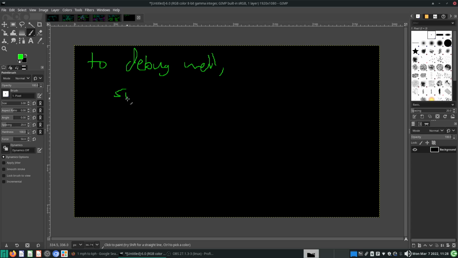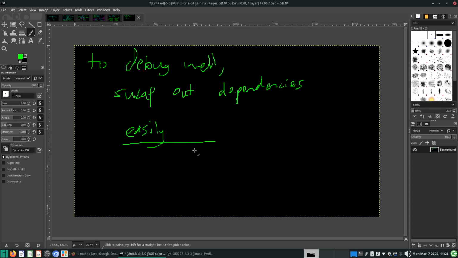I want to be able to swap out dependencies easily. That is very important, so that you can do your unit testing one at a time.